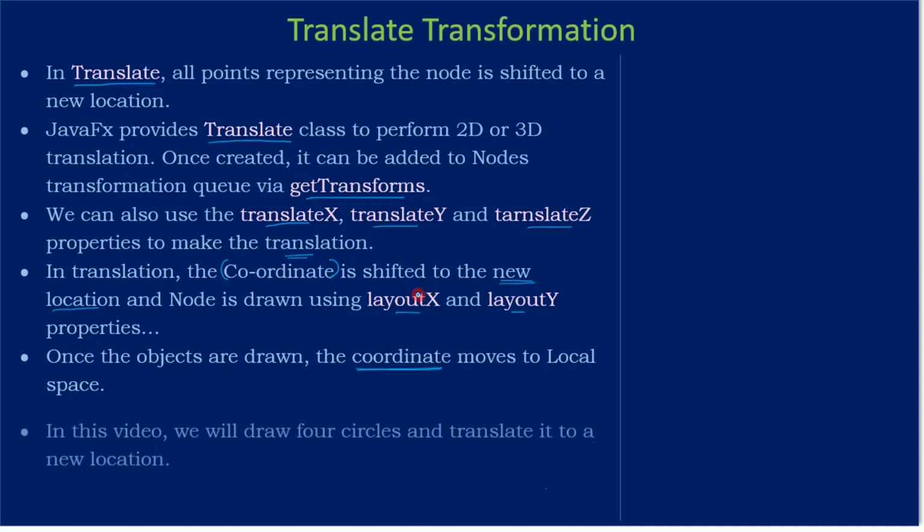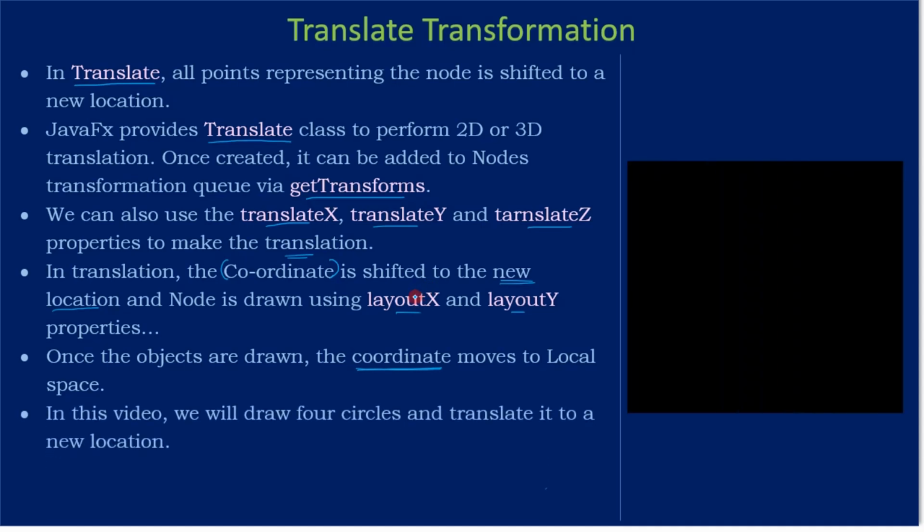So to clearly understand this, let's state that this is our local coordinate. And we will also assume that layoutX for the object is set as 15 and layoutY is set as 10.